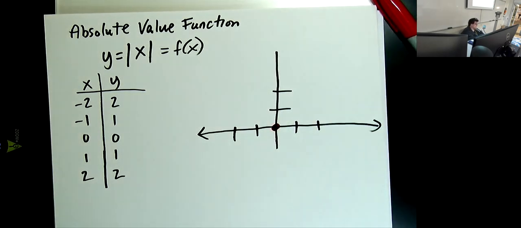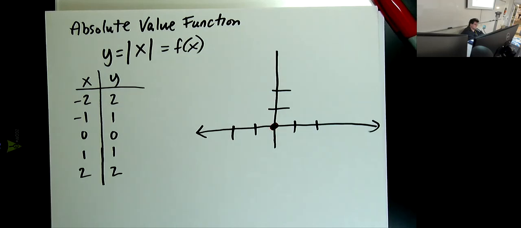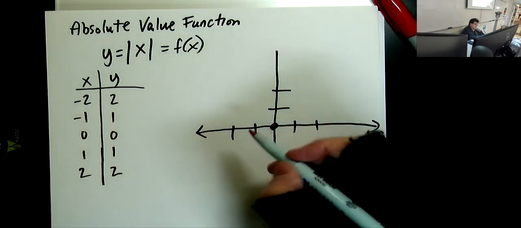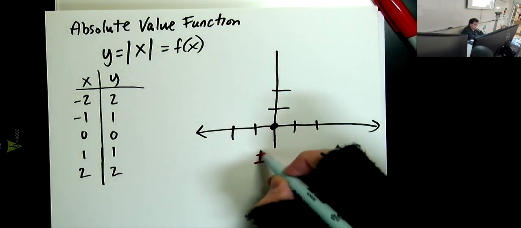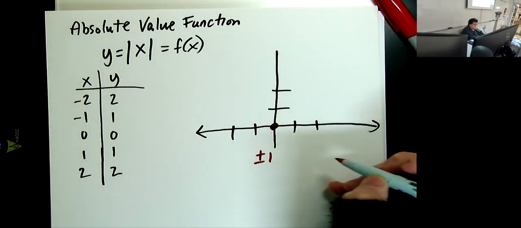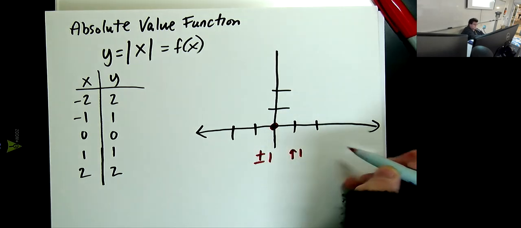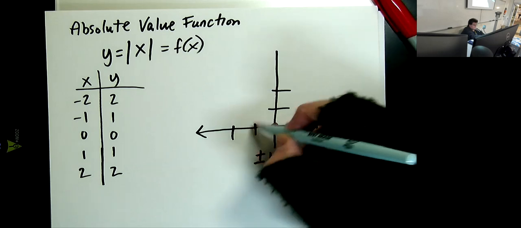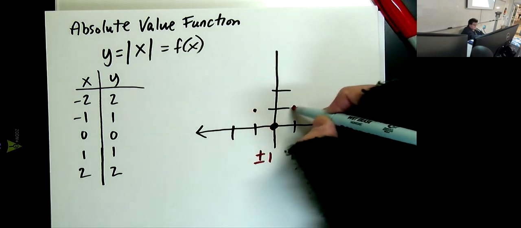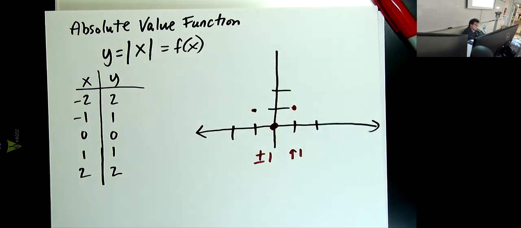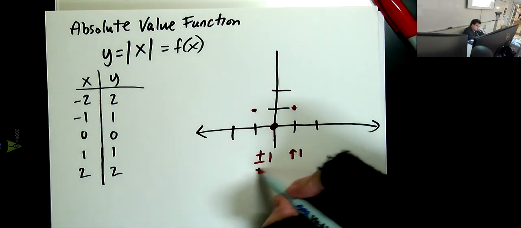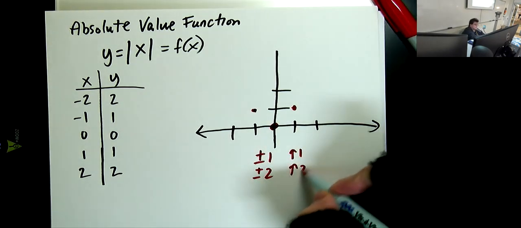I put my center there. As I go left or right one, plus or minus 1, we're going to go up one. Left one, up one, right one, up one. And as I go left or right two, I go up two.